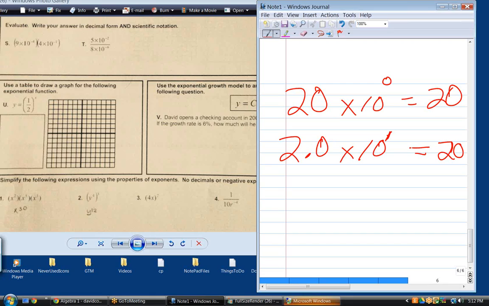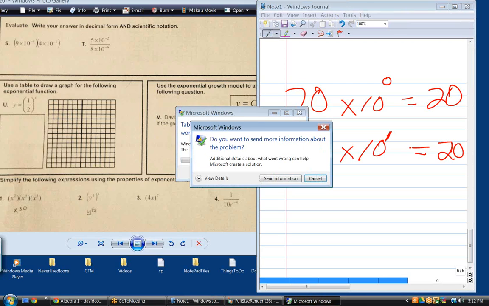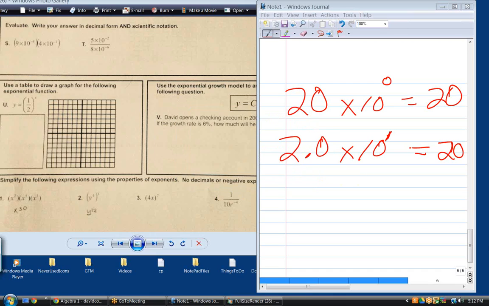The starting decimal point was right there, right? It was 20. So to change the 20 to 2, we had to move this decimal point to the left, one spot. So when we move the decimal point to the left, we increase the exponent.